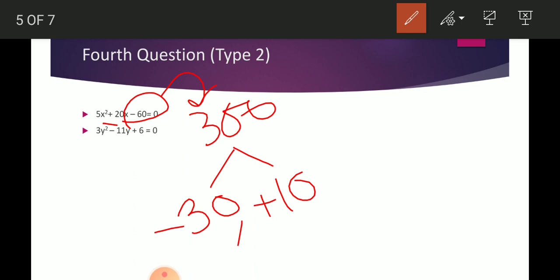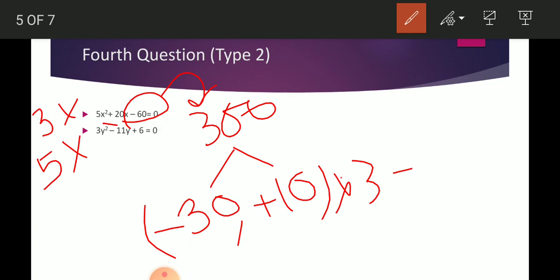In this case also the coefficients of x square and y square are not the same, so we have to make them the same. This can be done if we multiply the first equation by 3 and the second equation by 5. So the actual roots will be minus 90 and 30. These are our x values.